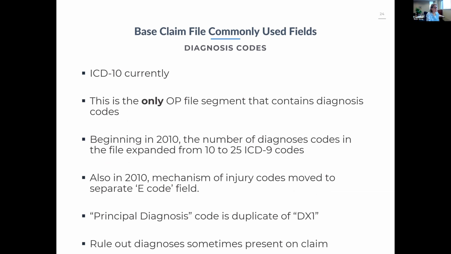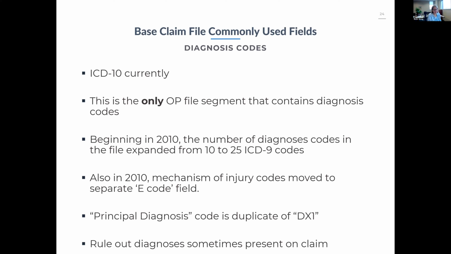The diagnosis codes. So right now, ICD-10, as we've said, starting in October 2015, and this is the only outpatient segment that contains the diagnosis codes. So the base file has the diagnosis codes. If you want to know what was wrong, you have to do it there.